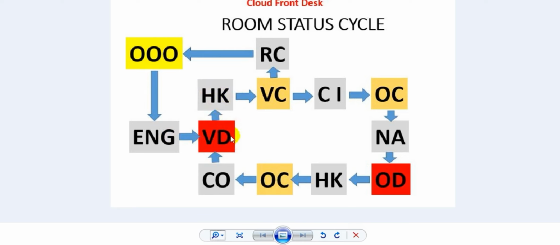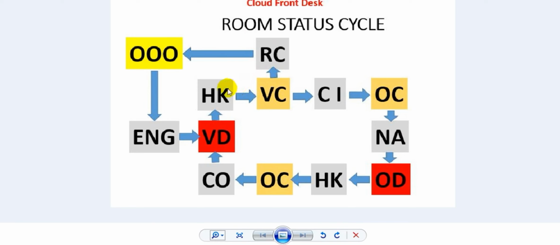Then housekeeping cleans it again and confirms it is ready to be sold. So there are two cycles: the operational cycle, and the cycle where the room is damaged and then repaired, ready to be sold again. We have to understand the cycles that must be done like that.